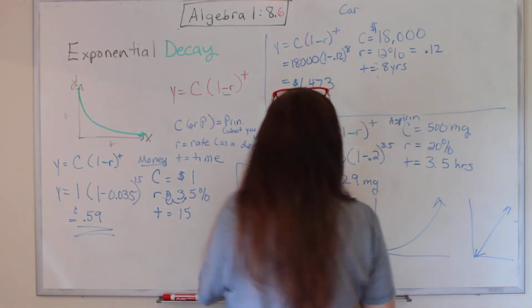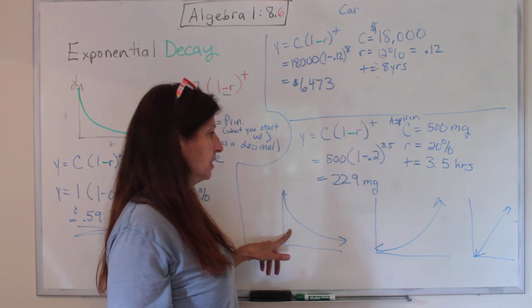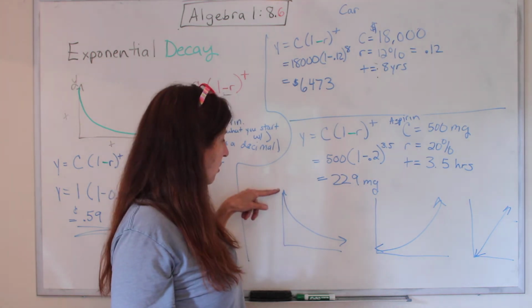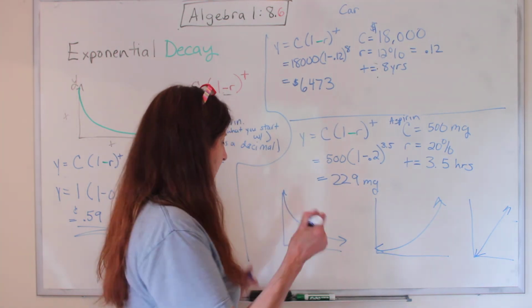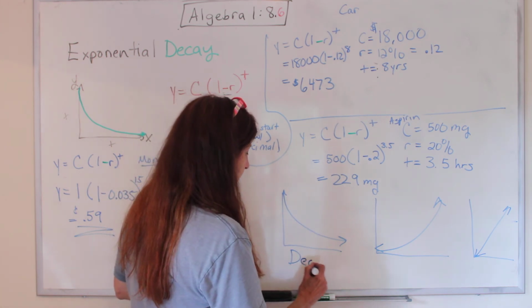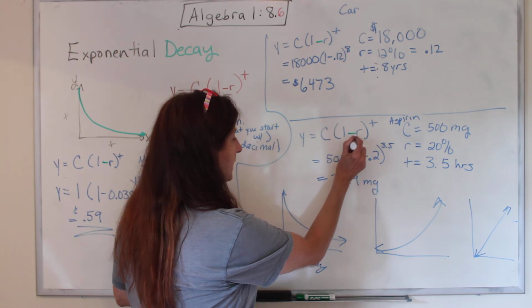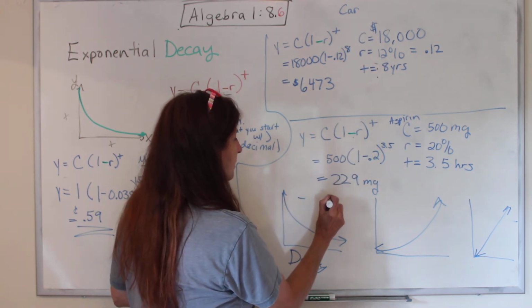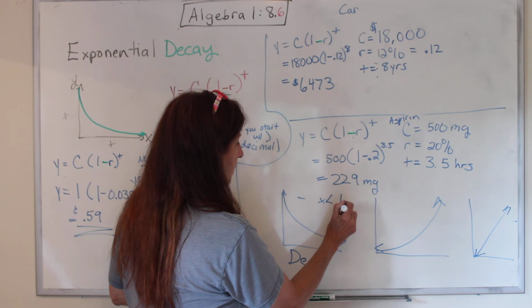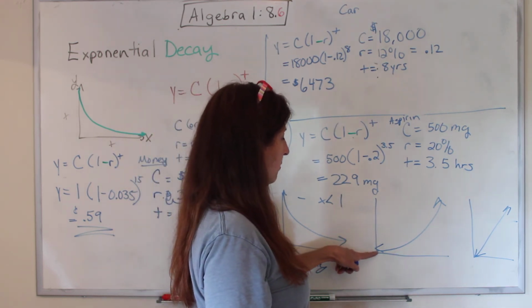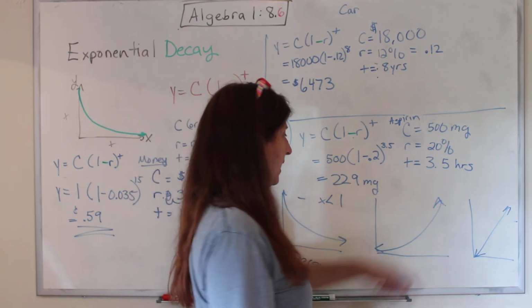So you need to be able to realize, is this an exponential growth or decay? You started with a lot, it went down, that's a decay. And if you looked at this part, it would be a minus or it would be less than 1. Okay, this is a growth. You start with a little bit, you ended with a lot.